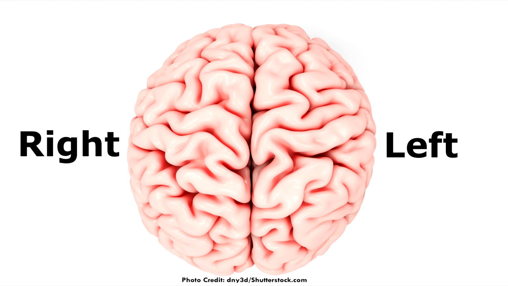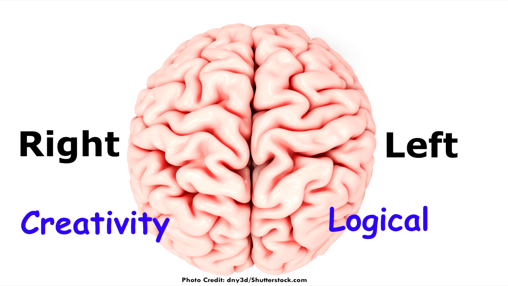Okay, our right side of the brain is responsible for our creativity. So it helps us be creative, like with music and arts and things like that. On the contrary, our left side is our logical side. So it helps us with logic and helps us with things like reading, writing, speaking, and things like that.